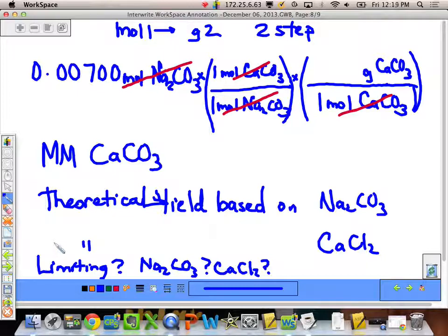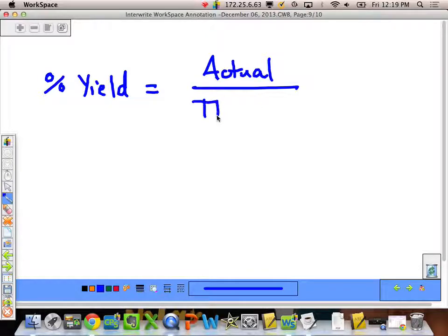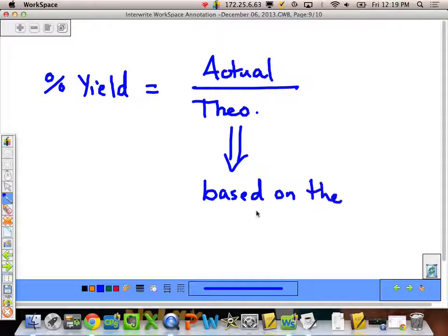And from there, I can figure out my percentage yield, which is what you actually get on that second day of the lab, divided by what you are going to theoretically get based off of which one was limiting, and then we multiply that by 100%.